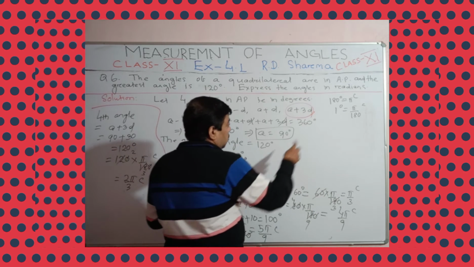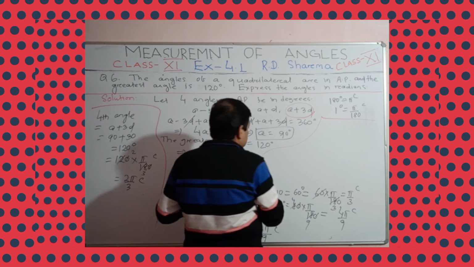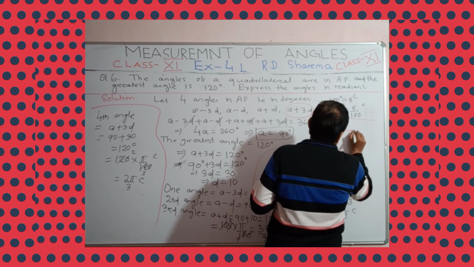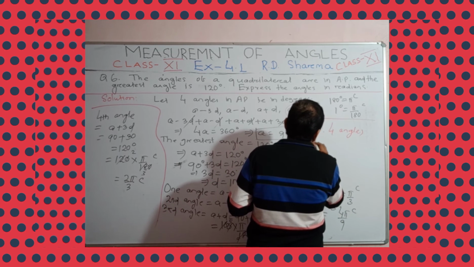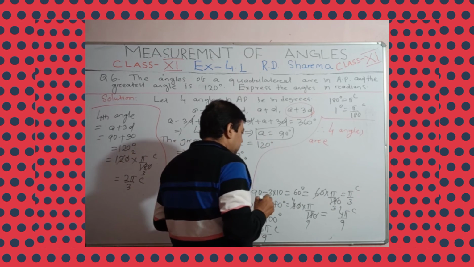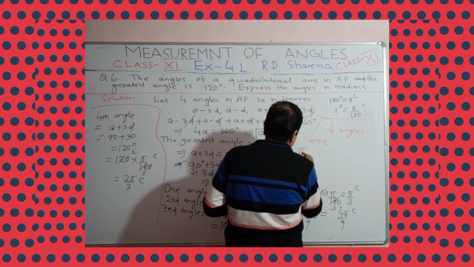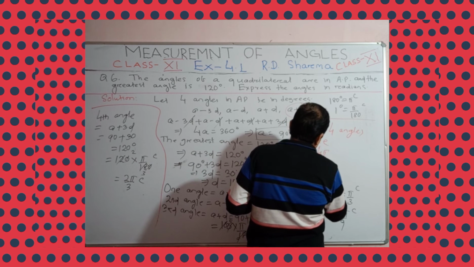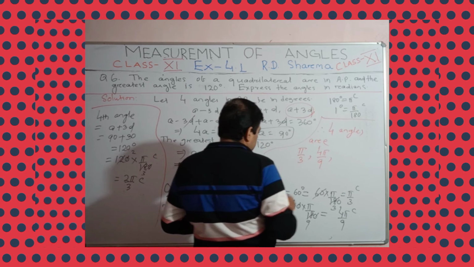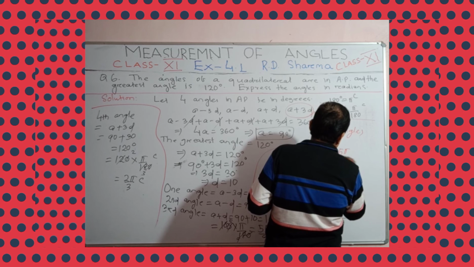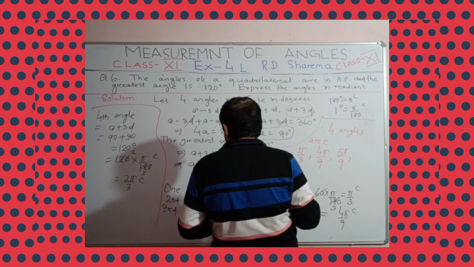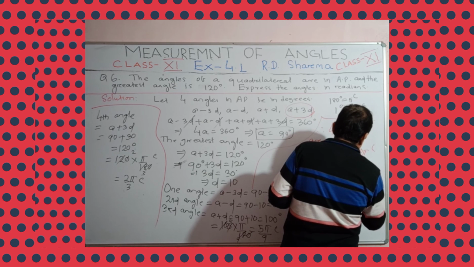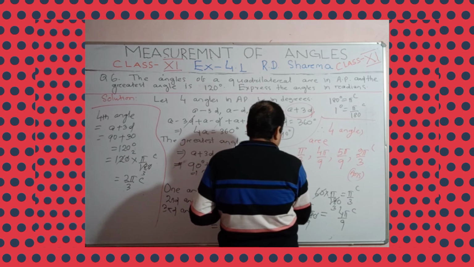Very simple question, how to convert. Hence the four angles are in radians: the first angle is pi upon 3 radians, the second angle is 4 pi by 9 radians, the third angle is 5 pi by 9 radians, and the fourth angle is 2 pi by 3 radians. So these are the four angles of the quadrilateral in radians.